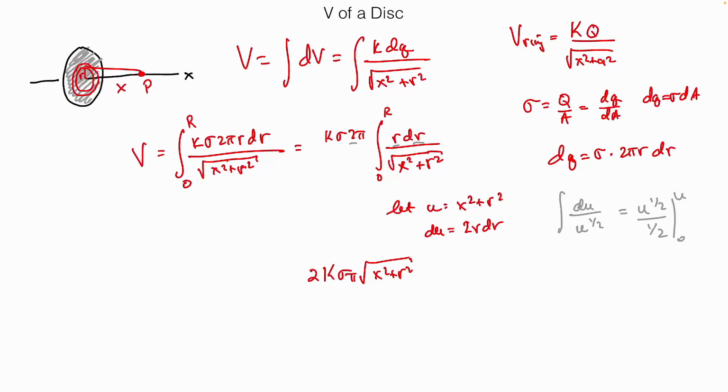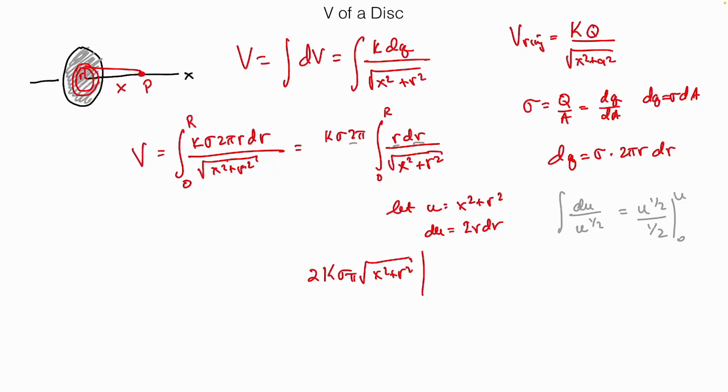The 2 on this answer right here came from that 1/2 over there, right? A 1/2 in the denominator pops back up, because I had to use the original 2 as part of the u sub, right? Okay, so the 1/2 comes up. U to the 1/2, well, u was x squared plus r squared, so chunk that into a square root. And then all my constants were along for the ride. So that's where all that came from.